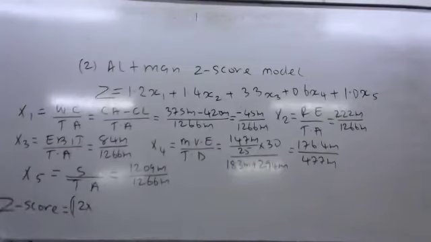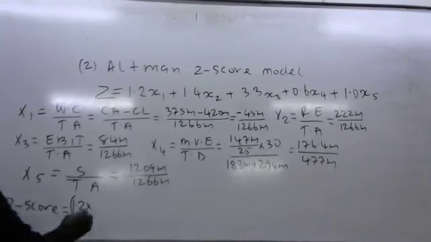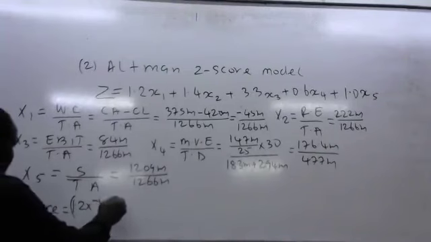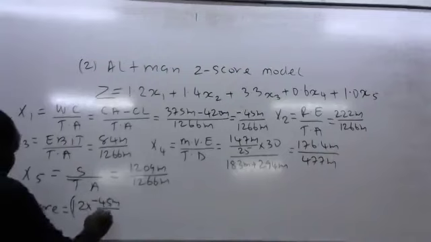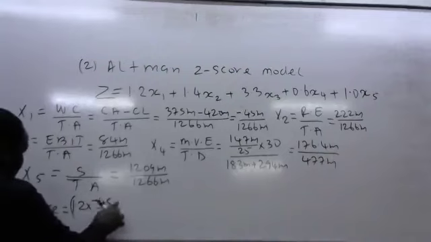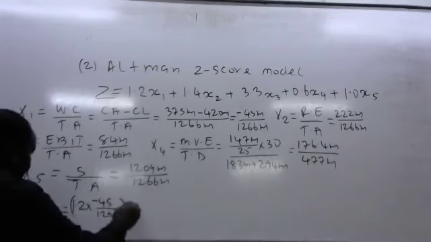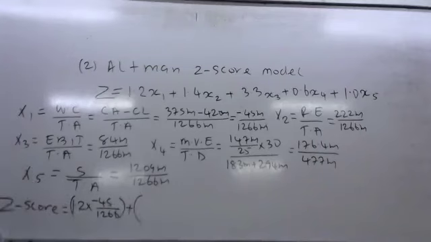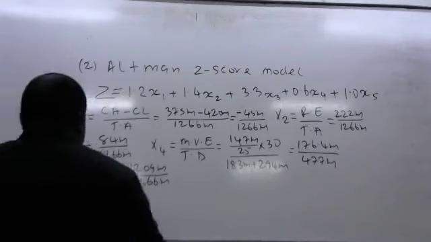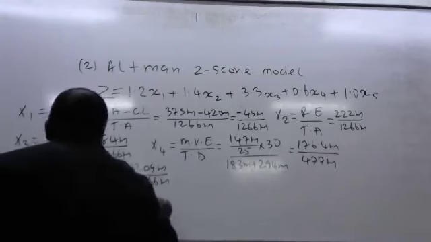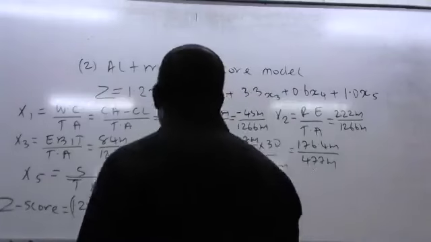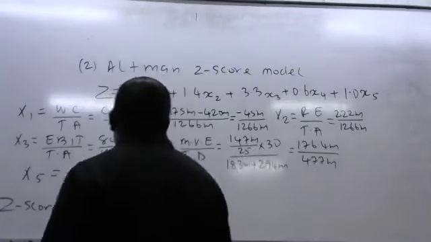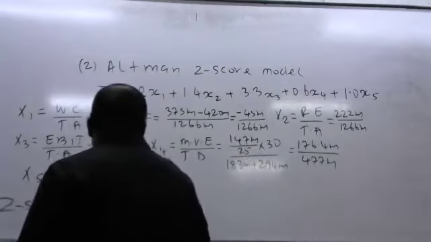So our x1 should be -45 divided by 1266. Then we also add 1.4 multiplied by x2. So x2 is meant to be 222.